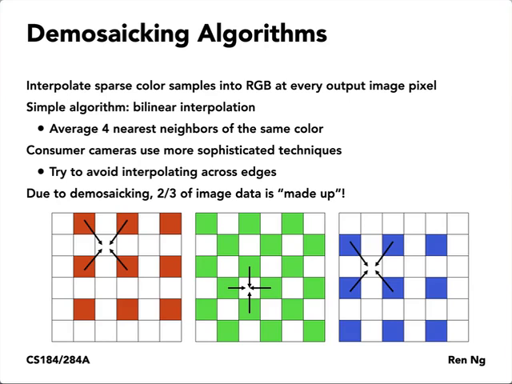Typical consumer cameras don't do this nearest neighbor or bilinear interpolation, as I mentioned, because it's not the highest visual quality. So they typically use more sophisticated techniques, such as interpolating and trying to avoid interpolating across edges.